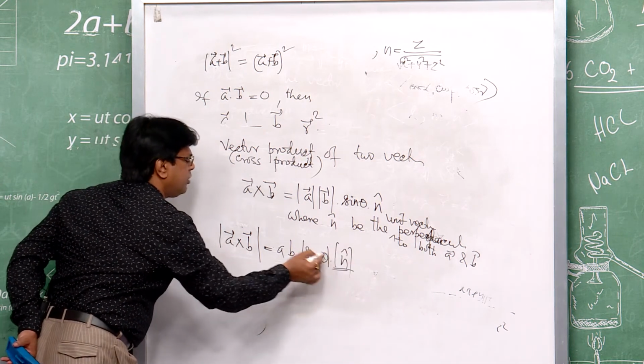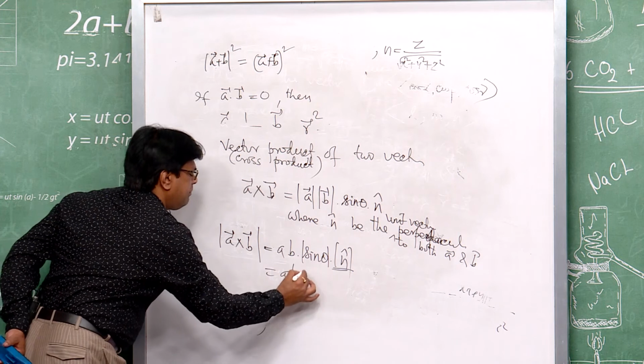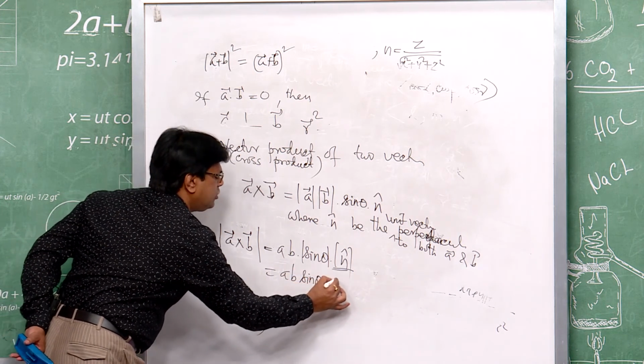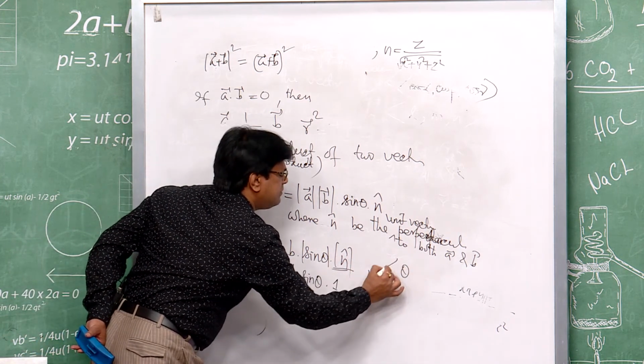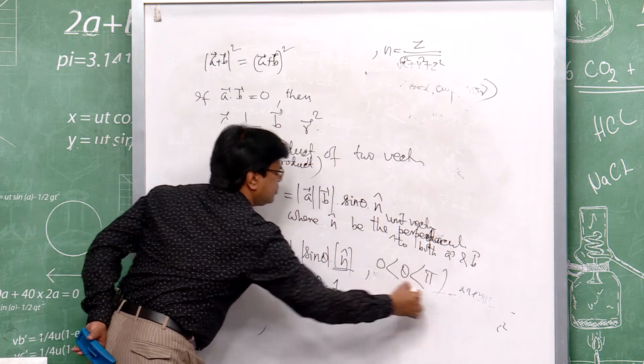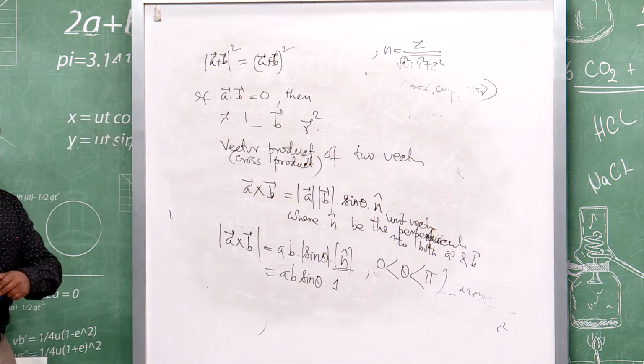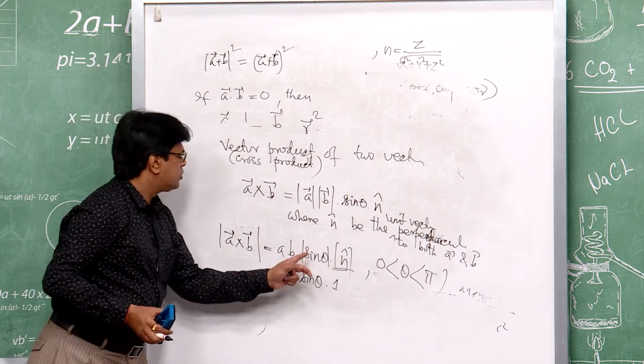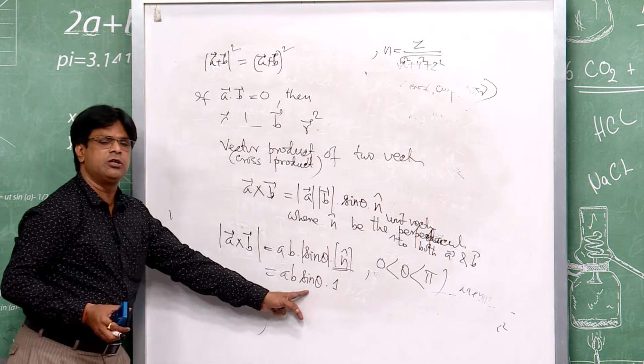So, n cap has magnitude 1, because this is A B sin theta into 1, because theta lies between 0 and pi. Within 0 to pi, sin theta is always positive, so the magnitude of sin theta is also always equal to sin theta.